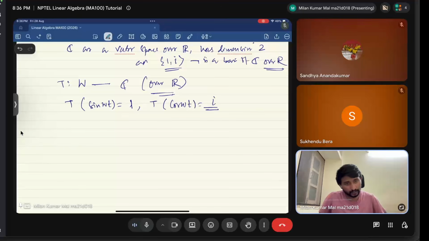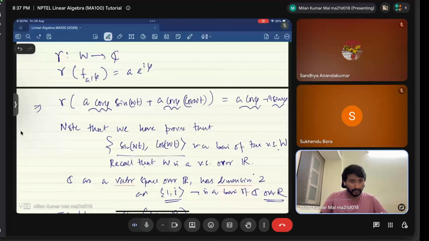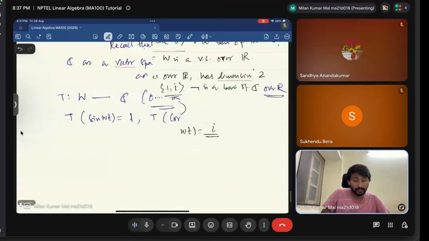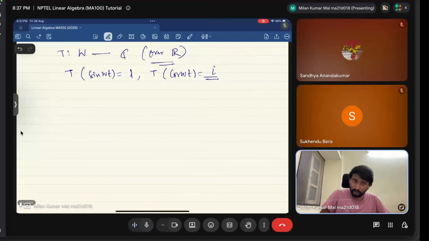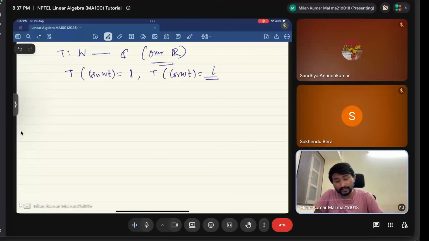W is a two-dimensional vector space, because it has a basis sin wt and cos wt consisting of two linearly independent entries, and C is also a two-dimensional vector space over R. So T is a linear transformation that sends basis to basis, that is, T is a bijective linear transformation.